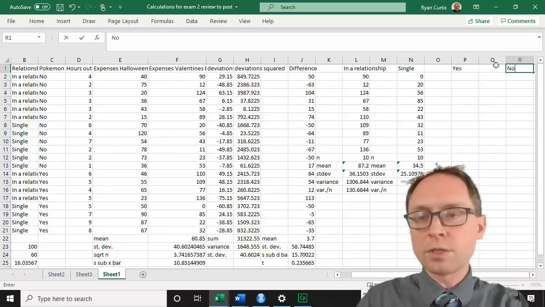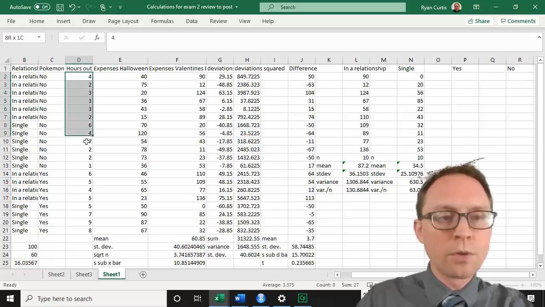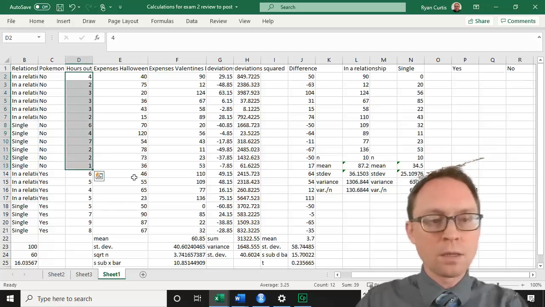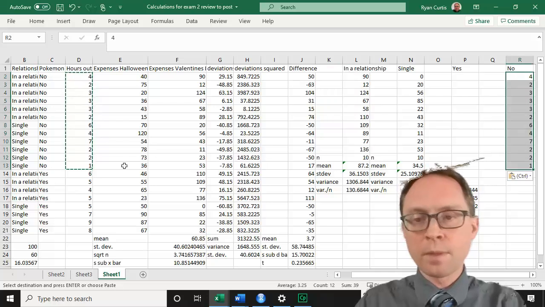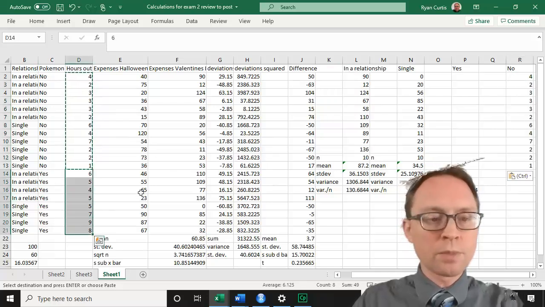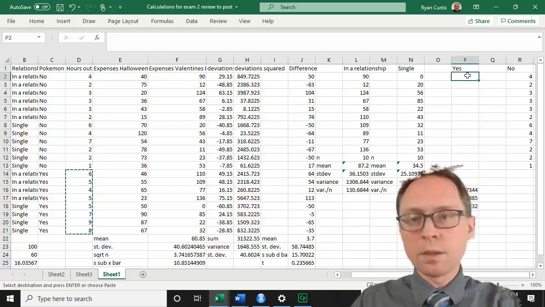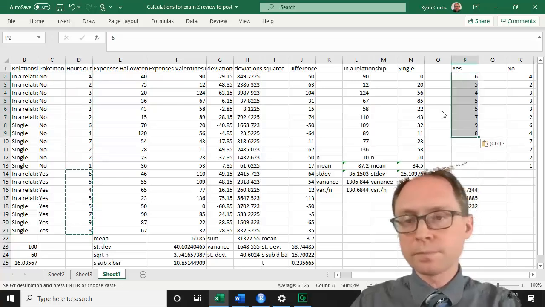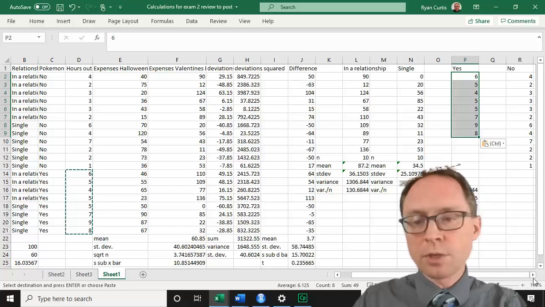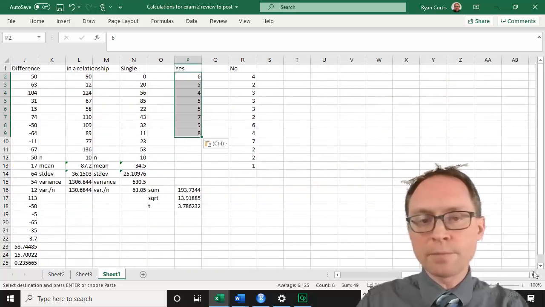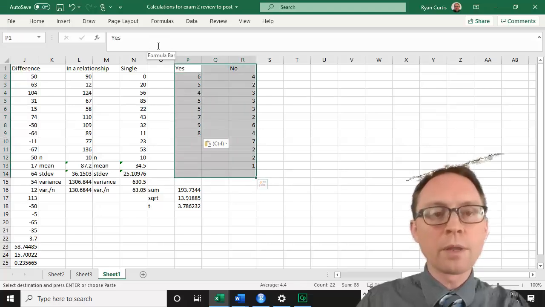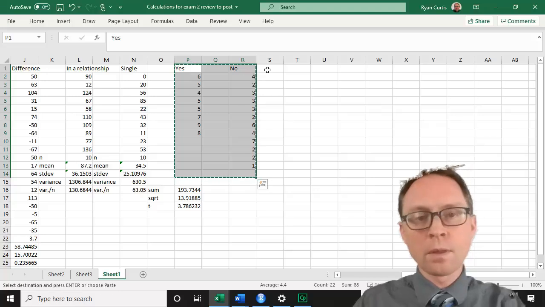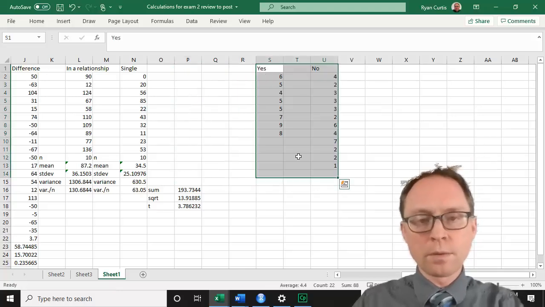Here's yes, and there's no. So the no's spend this much time, and the yeses spend this much time. All right, so let's scroll over there because those are the ones that we need now. In fact, let me just move these over a little bit more so that I don't get in the way of my other data. Let's put them right here so they're totally out of the way.